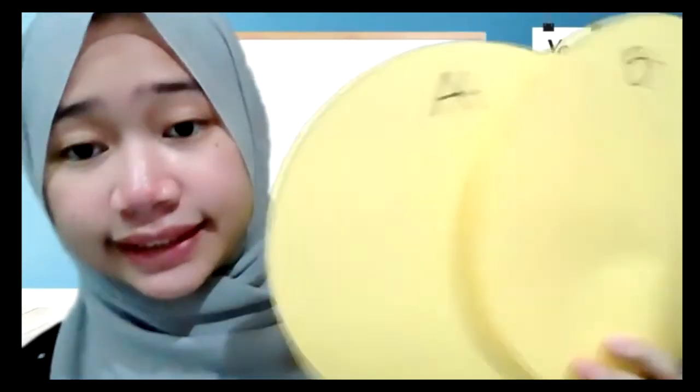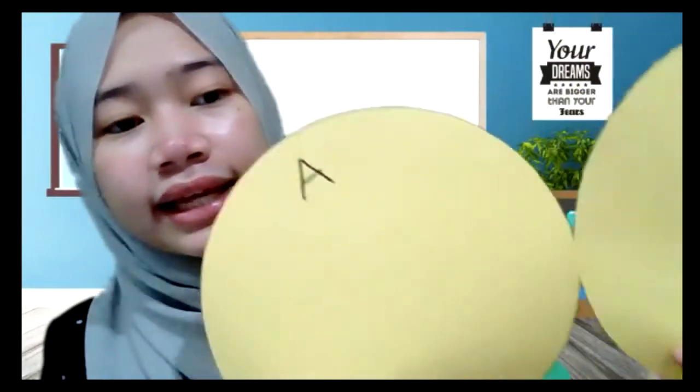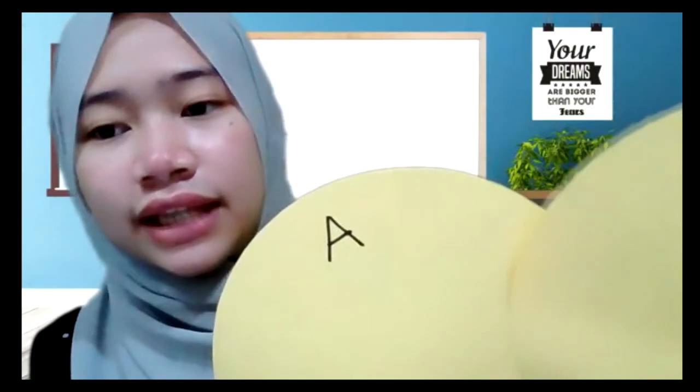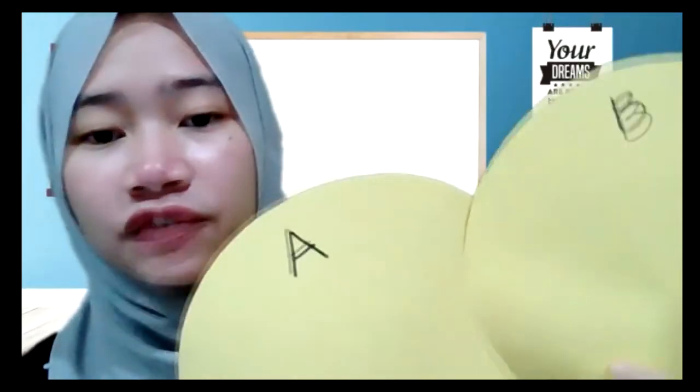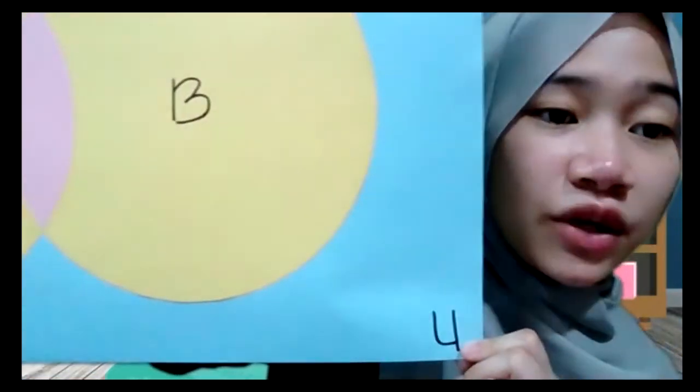This implies that the union and intersection of 2 sets are considered as subsets of universal set. So the universal set along with its subsets will look like this, with the letter U, which means universal set.